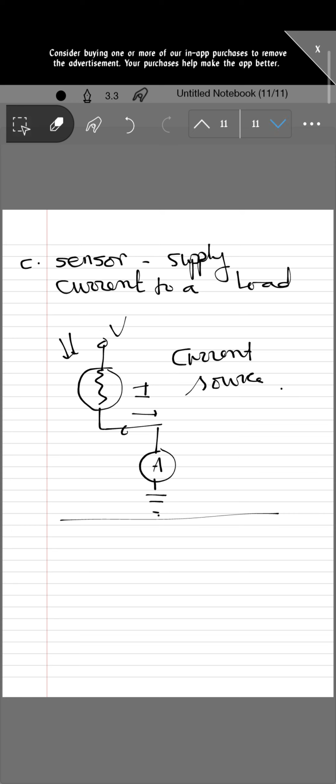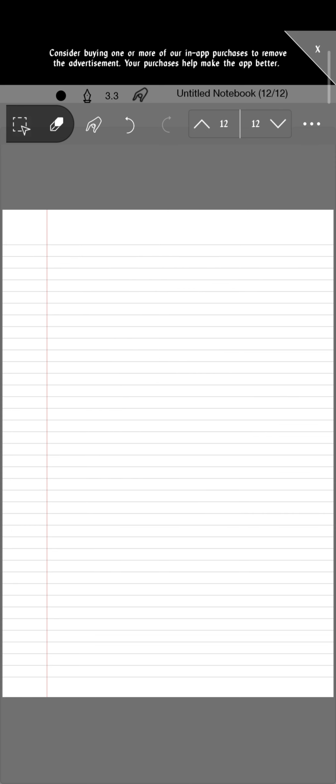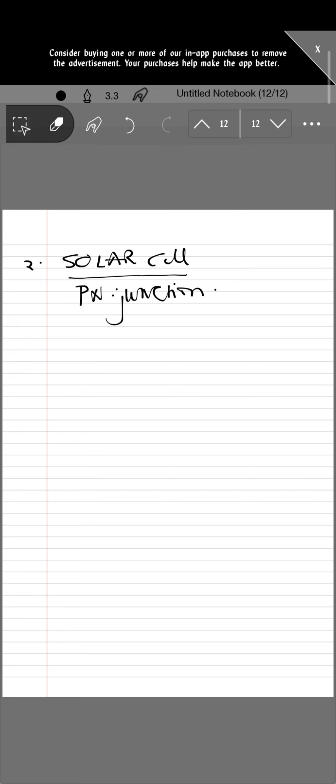Coming to the next device, that is the solar cell, which is also a light sensing device. A solar cell is basically a PN junction.